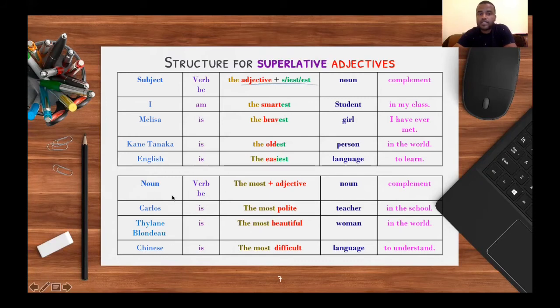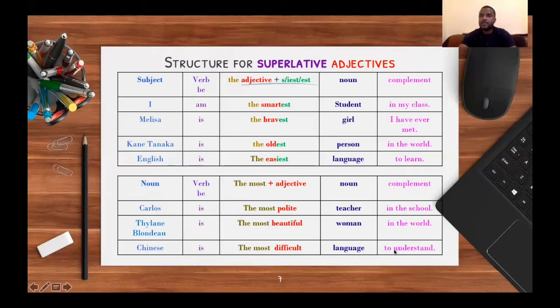But when we are talking about long adjectives, we can say the most plus adjective. Carlos is the most polite teacher in the school. Tanya Blondo is the most beautiful woman in the world. Chinese is the most difficult language to understand.